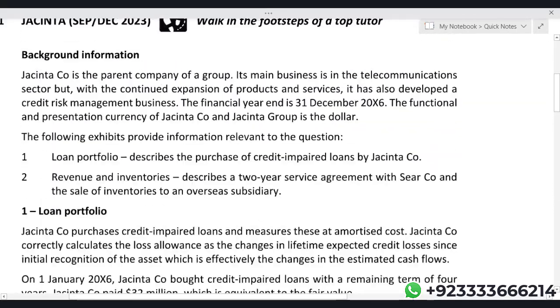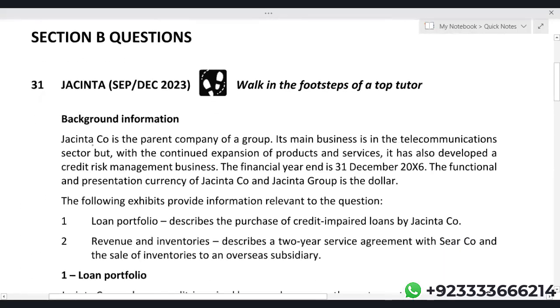Let's read the scenario. Jacinta Company is the parent company of a group. Its main business is the telecommunication sector, with the continued expansion of products and services.